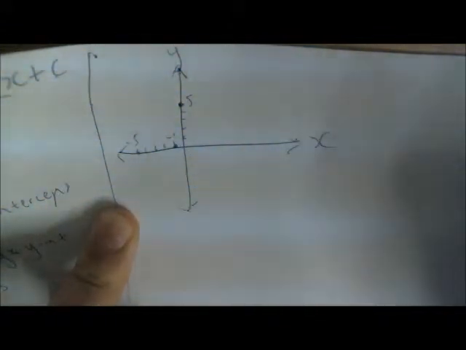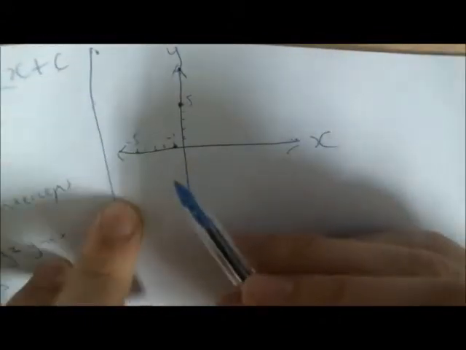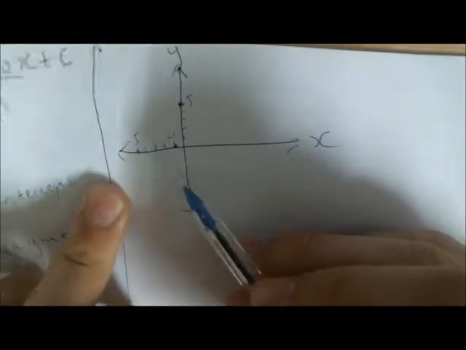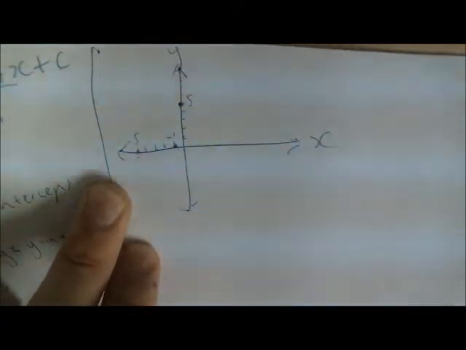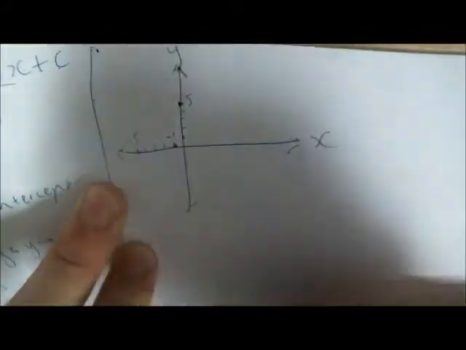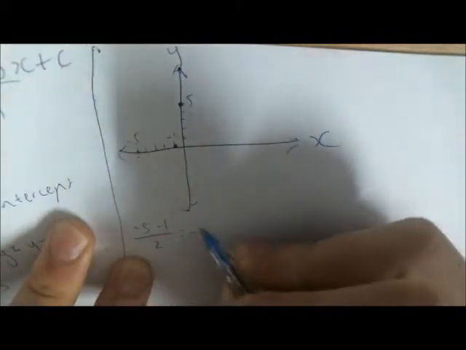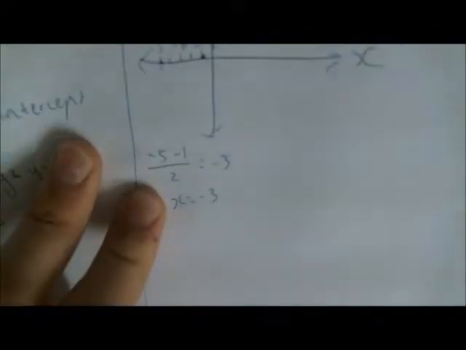To find the turning point, it's halfway between the two x-intercepts. So halfway between there, it's -5 minus 1 divided by 2 equals -3. So x equals -3 will be where the turning point is. But how do I find the y value of it? Well, the way we do this is by substituting x equals -3 into the equation.